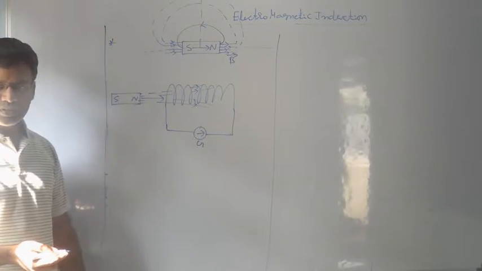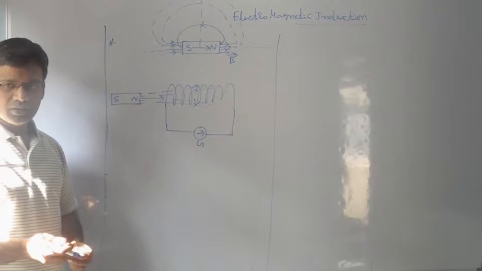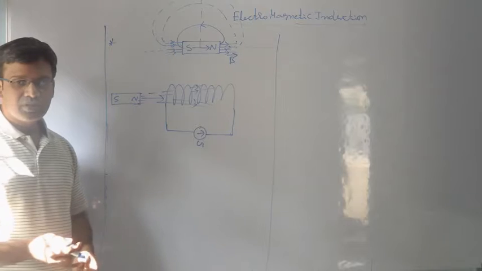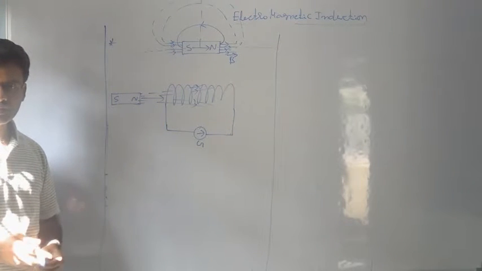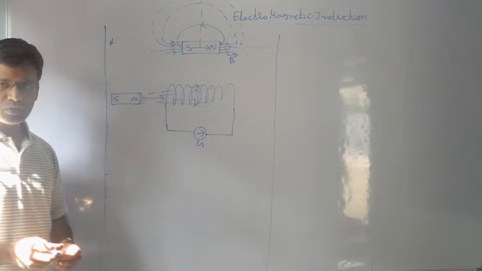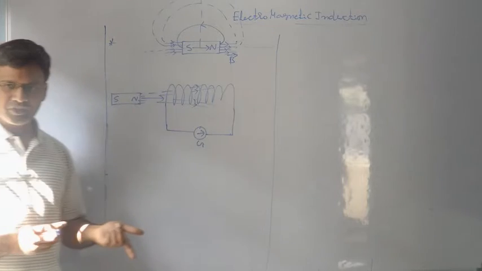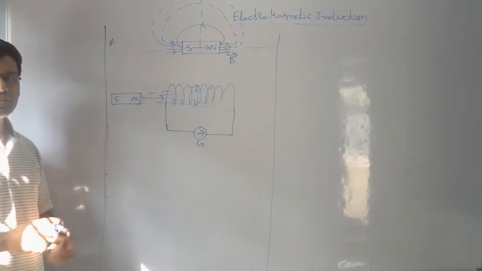Based on that, he concluded that the magnetic field is producing some current. For current to be generated, there must be a potential difference. Potential is nothing but what we call EMF, electromotive force. A battery is a natural EMF source. Whenever you take a battery, it provides an EMF.